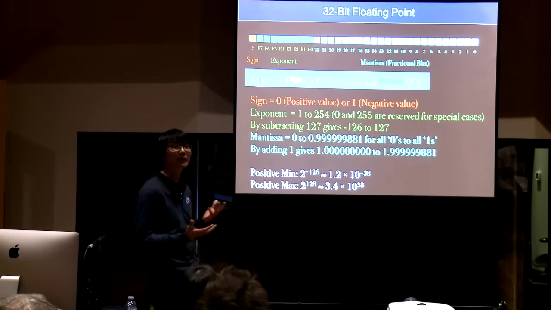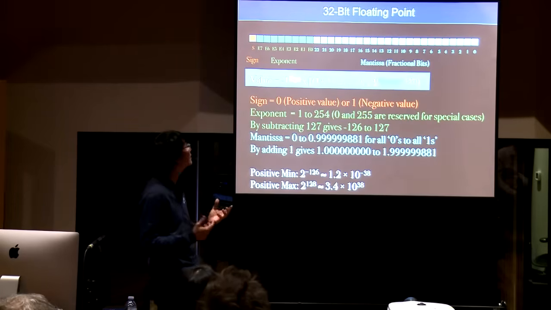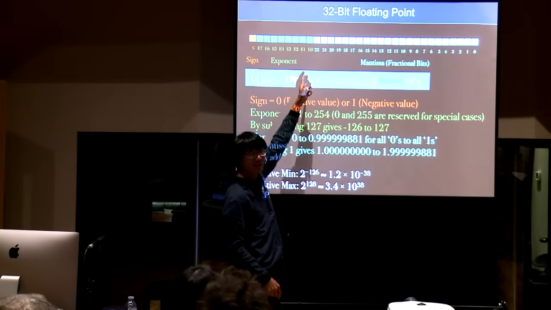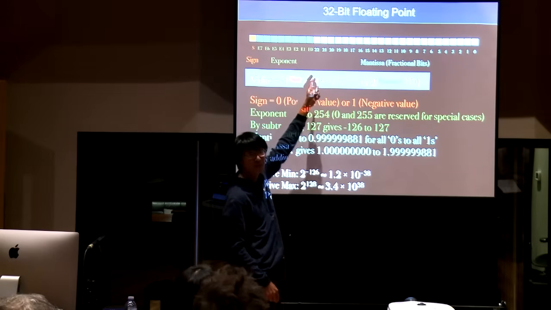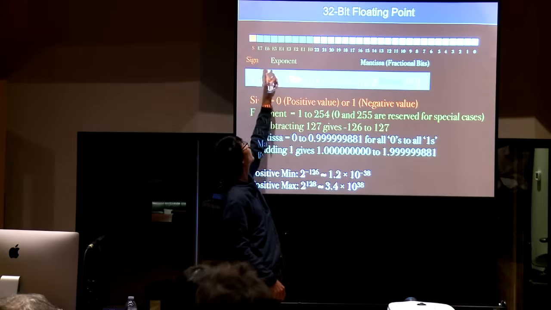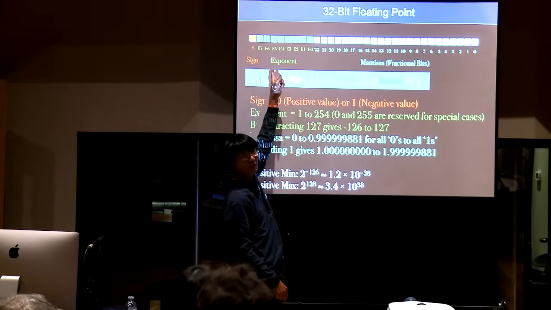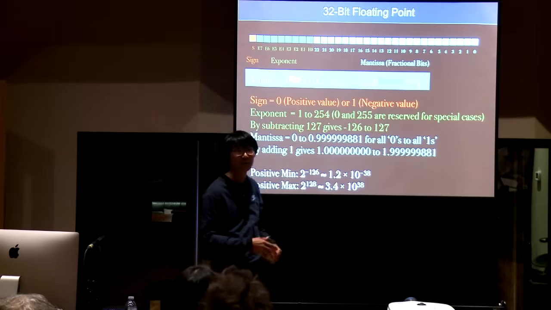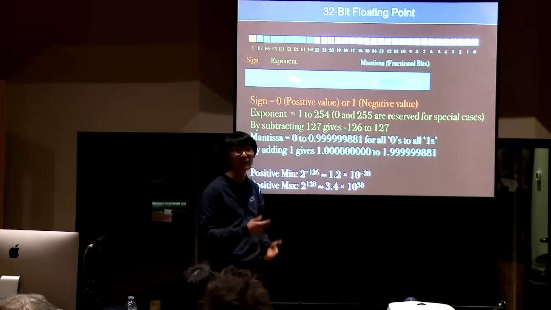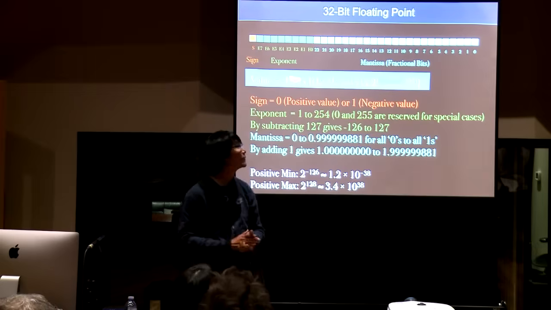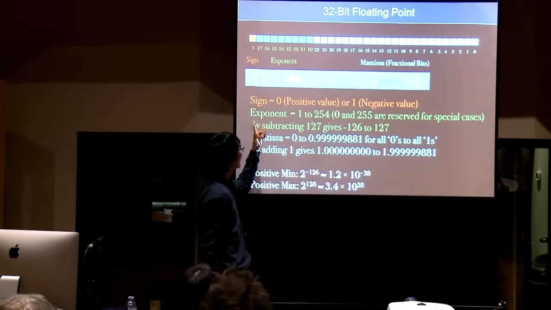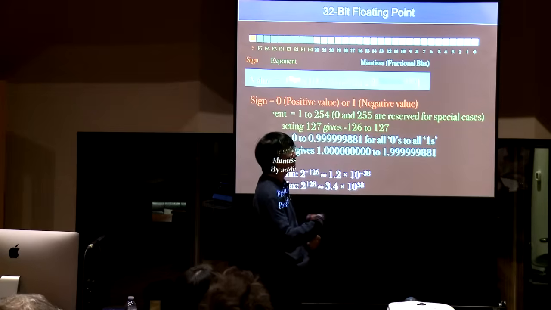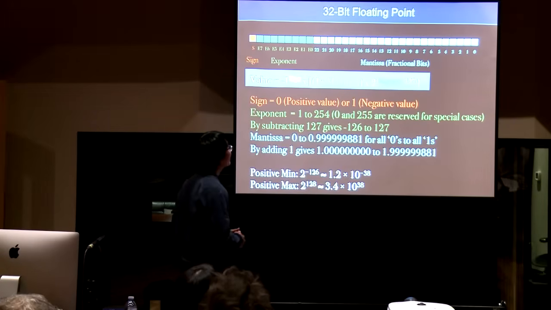And when IEEE defined the standard, they didn't want to define both positive and negative in these 8 bits, right? They don't want any more sign bits. So what they do is this number here is all positive. So 8 bits means 0 to 255, right? And in their standard, they take 0 and 255 out, reserved for special cases.